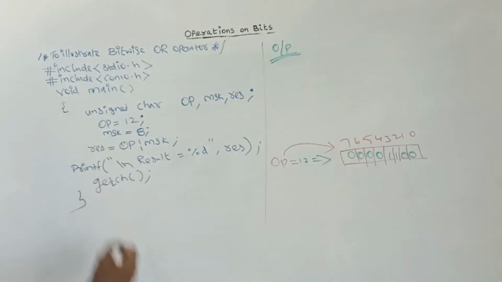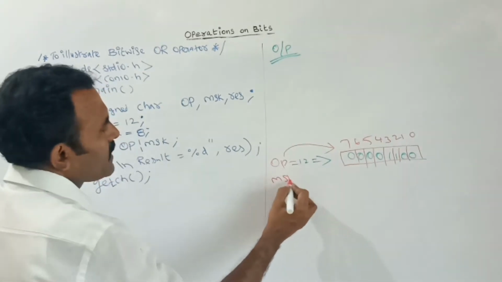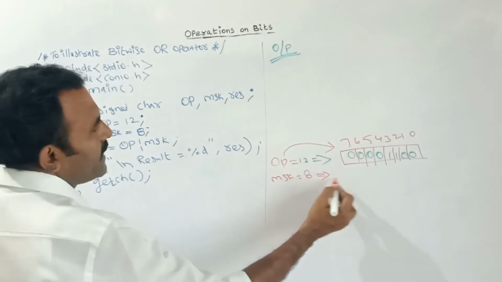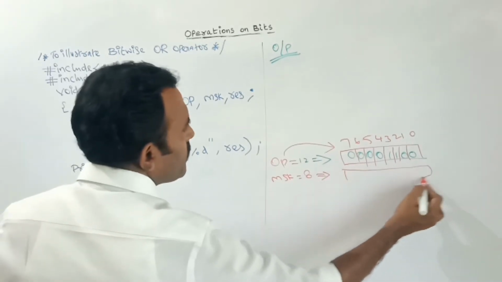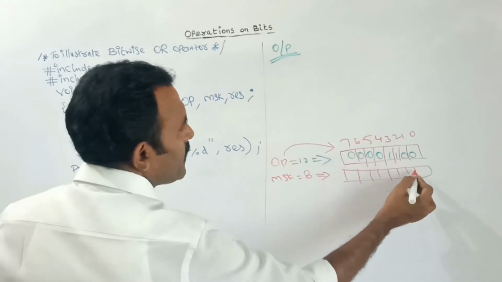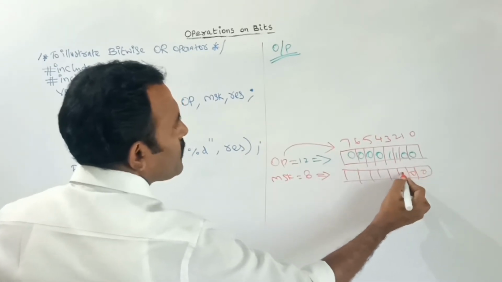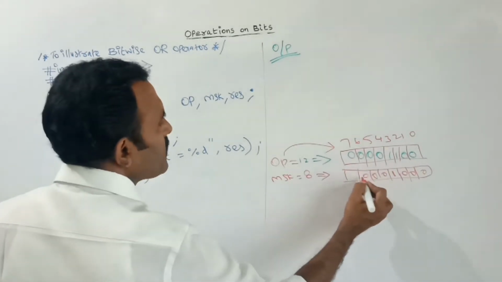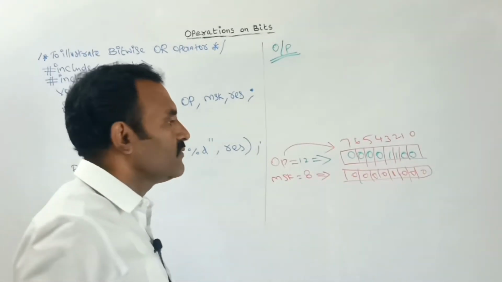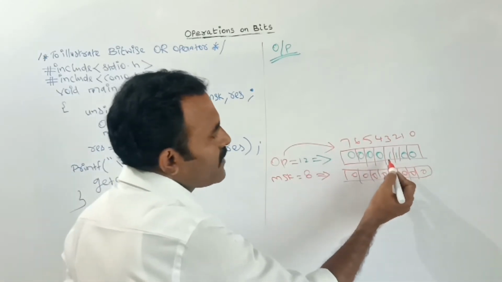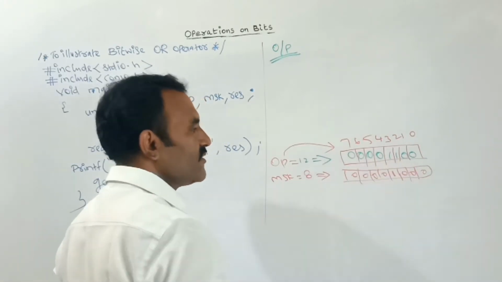Next, the mask: MSK, to which I have given the value 8. The binary value of 8 is 0 0 0 1 with every remaining bit 0. It is the binary value for turning on the third bit. Here this third bit is already on, so the result will be the same.